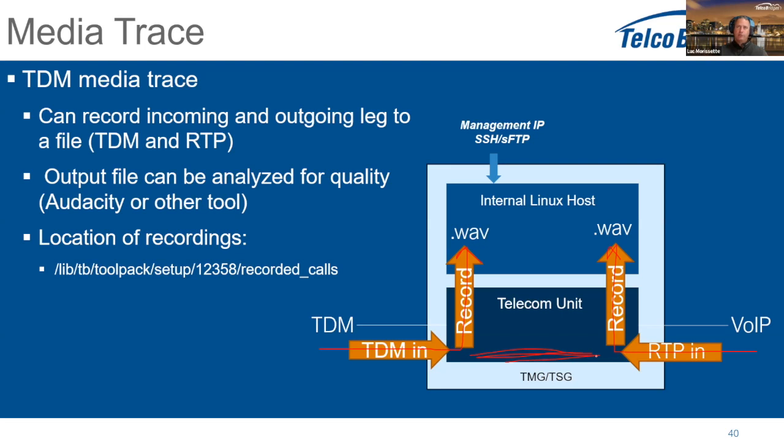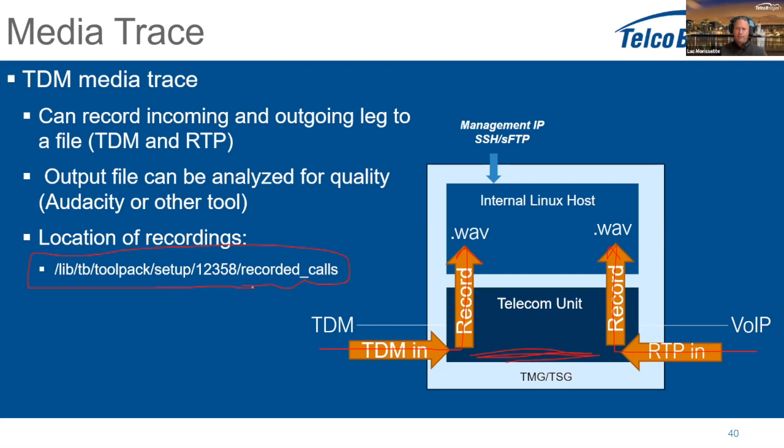So when you get the files, the files will be wave files in a specific folder, which is shown here. These wave files will have information about all the streams that are coming in. Right? So this can be useful for hearing. Sometimes the customers can say, well, there's some noise in my line.